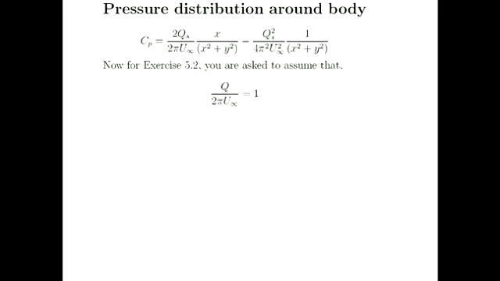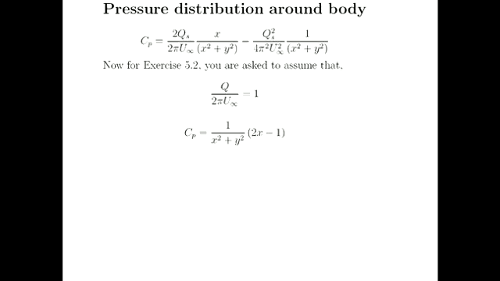So that's effectively just giving you that ratio of u infinity on Q. And when you make that assumption, you get this very nice further simplification, because these terms here are just constants. So this first term here just becomes 2, and this term here just becomes 1, and that pressure coefficient simplifies down to this.